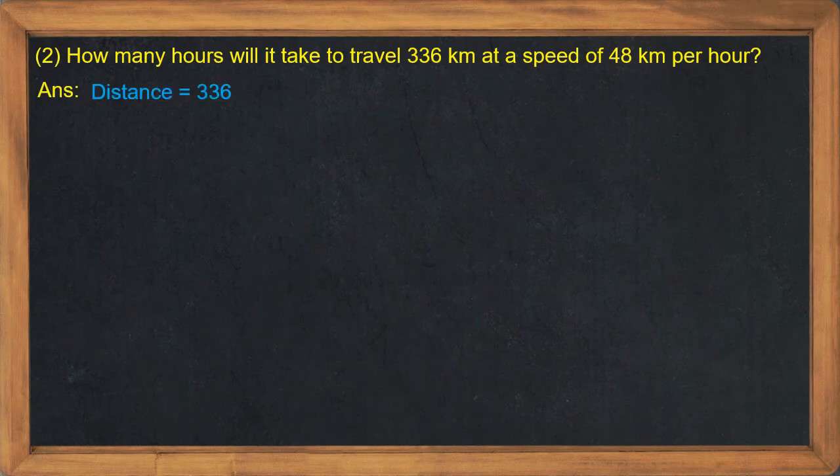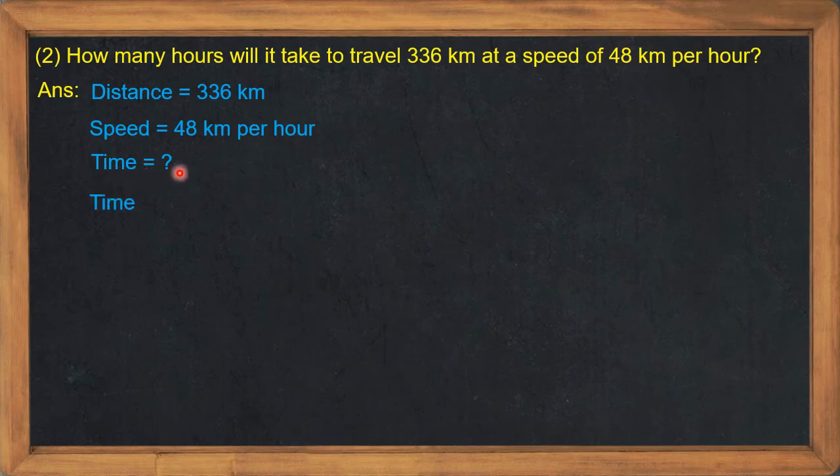Here 336 is the distance in kilometers and the speed is 48 kilometers per hour, and we have to find out the time in hours.